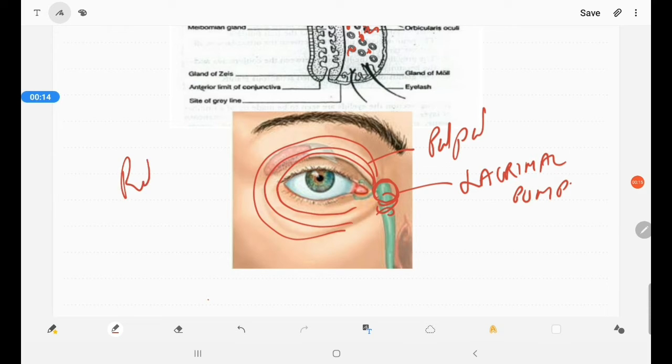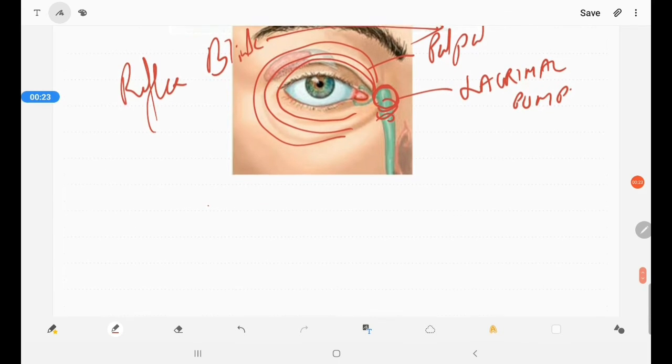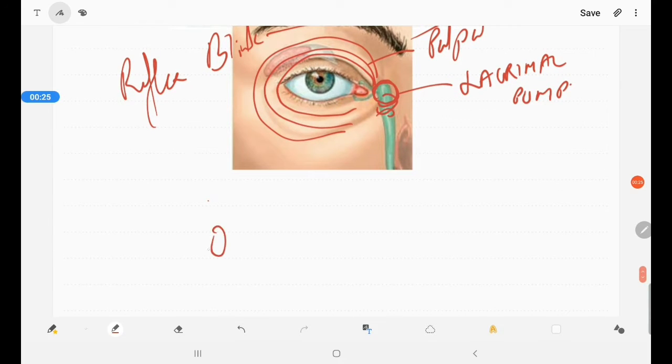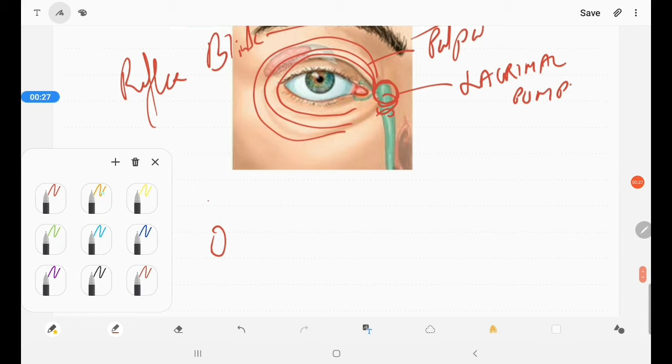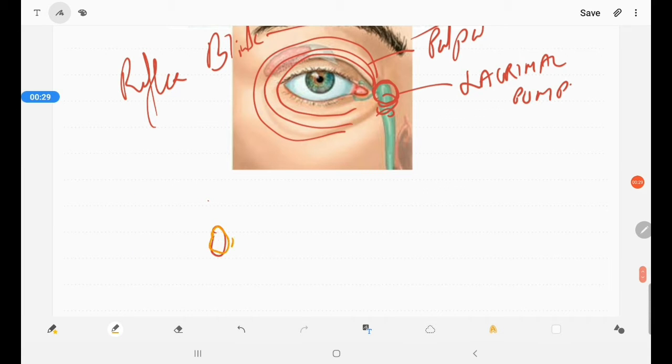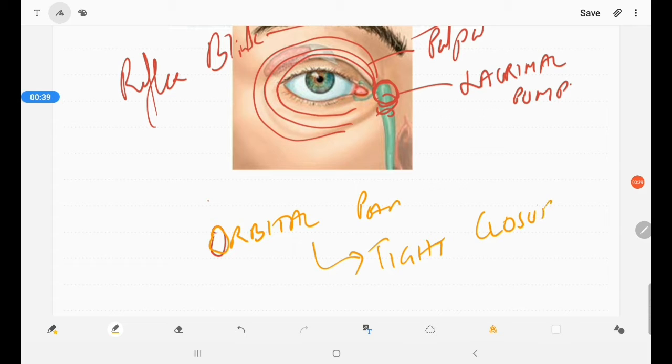Also, the reflex blinking is done by the palpebral part of the orbicularis oculi. Now, there is another part to orbicularis oculi which is called the orbital part. Now, this helps in the tight closure of the lid.